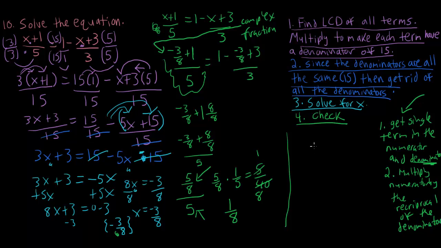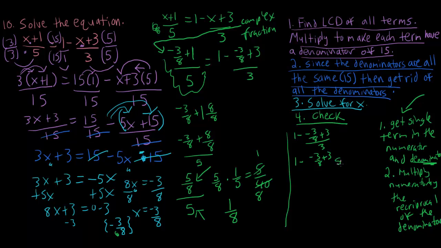So now we have to do the right side of the equation, and that's going to be 1 minus negative 3/8 plus 3 over 3. So 1 minus negative 3/8 plus 3, we need an LCD as well, because we're trying to add two fractions that don't have the same denominator.